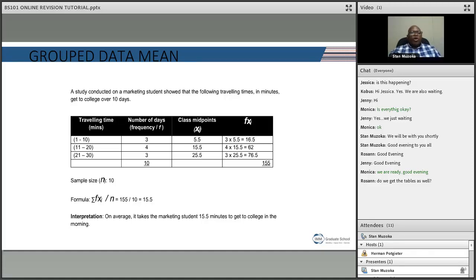When you've got your frequency, you'd always check it and say to yourself, if I've got 10 observations, do my frequencies add up to 10? Wonderful. But you know what? When you've grouped the data, you do not have the individual observations anymore. They're lost. They are not available anymore.